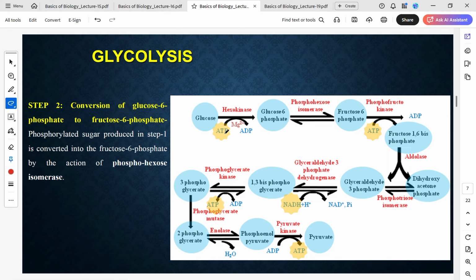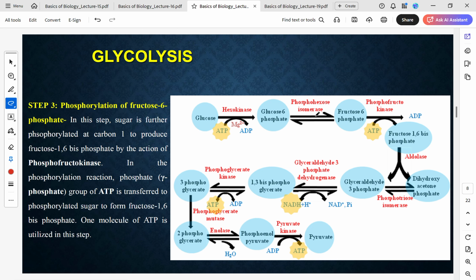Step 2 is conversion of glucose 6-phosphate into fructose 6-phosphate, which is catalyzed by phosphohexose isomerase. There is no energy utilized at this point. Step 3 is phosphorylation of fructose 6-phosphate to form fructose 1,6-bisphosphate. Fructose 6-phosphate had phosphate only in the 6th position.